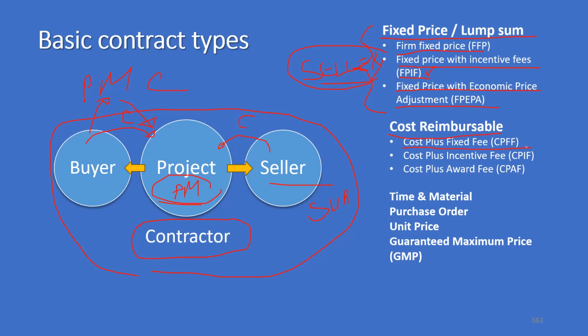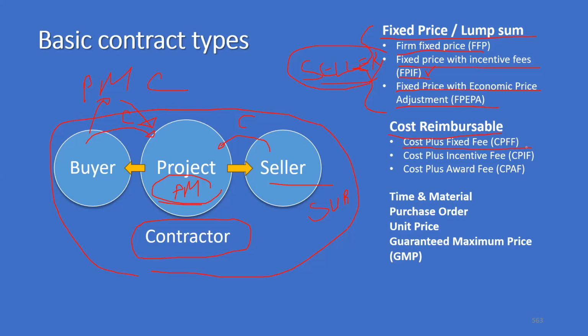Whenever we travel to a new country where you're not very sure about the expenses, then it is always better to sign a cost plus fixed fee contract because the entire cost is borne by the owner, and every day you get X dollar as the fixed fee. So then as a seller, you will never make a loss in a cost reimbursable contract.